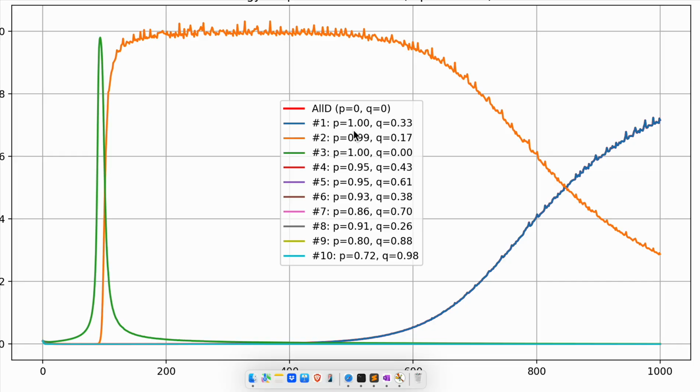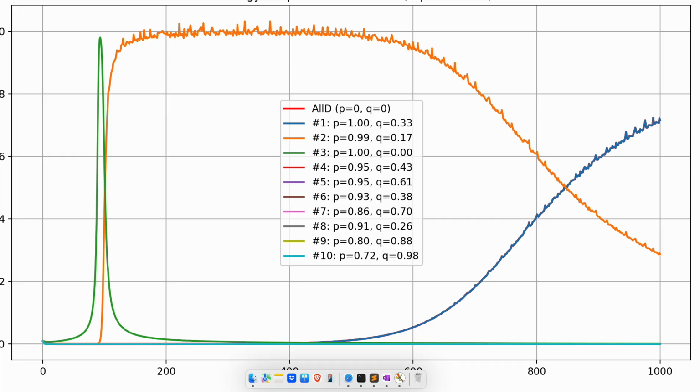But all of a sudden one strategy starts rising, and this strategy is p equal to 1 and q equal to 0.33. This corresponds to generous tit for tat, and all of a sudden you will see the increase of this generous TFT.